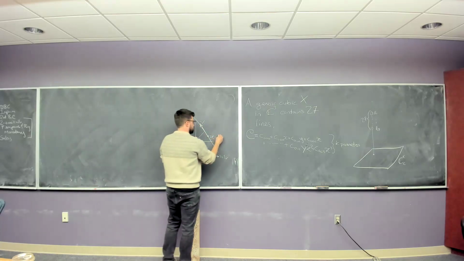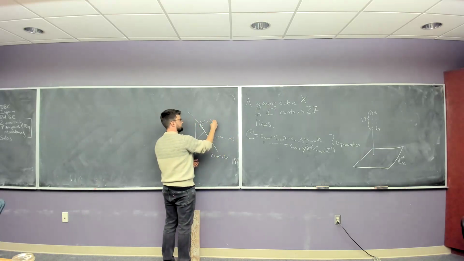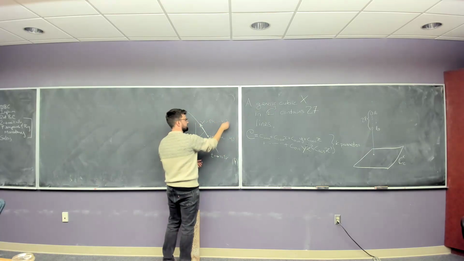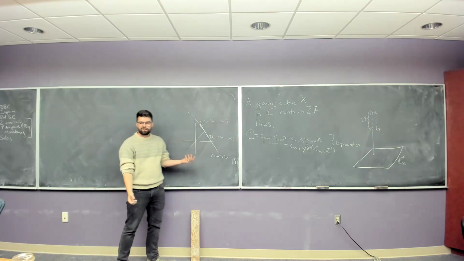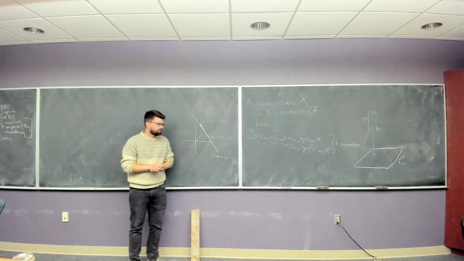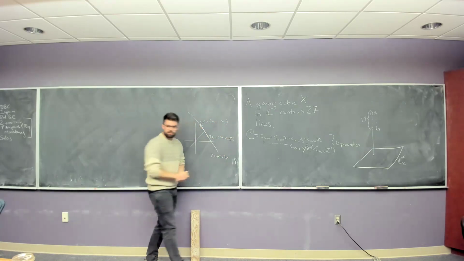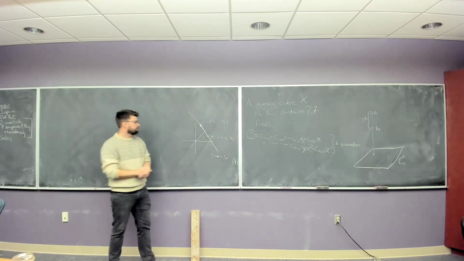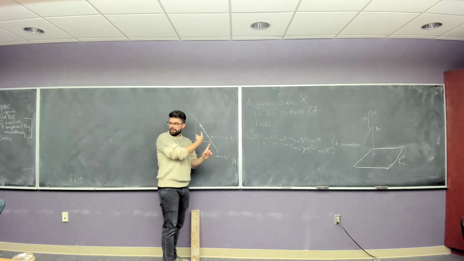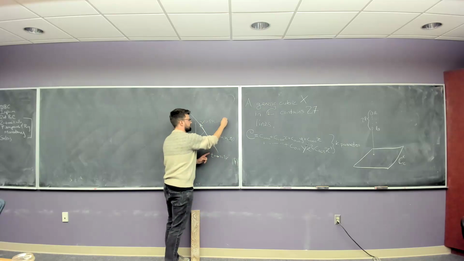Okay, but this is 3 coordinates. This is 3 coordinates. Almost all lines are going to go through the xy plane, so might as well just do that. And almost all lines are not going to be parallel to the xy plane, so I can let this vector have a 1 in the last coordinate.